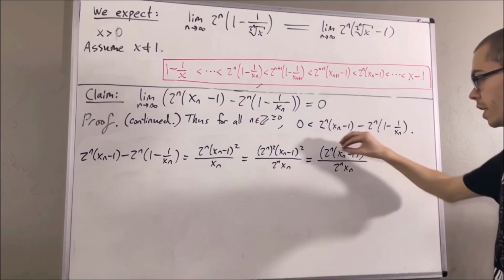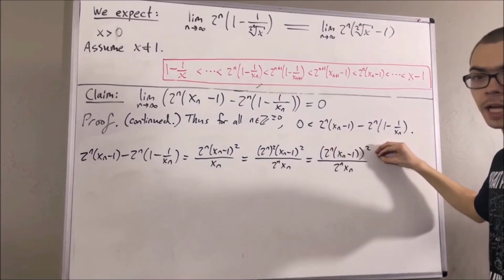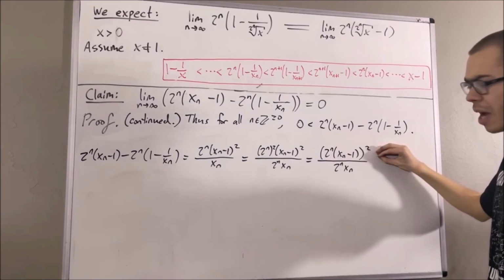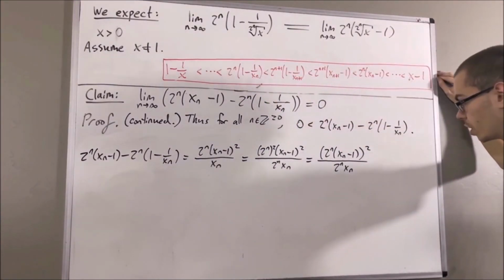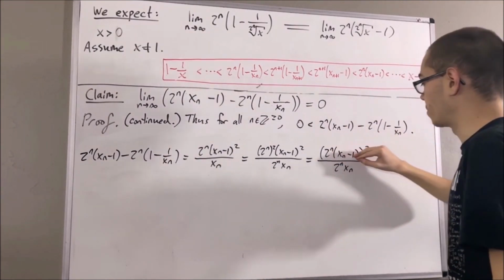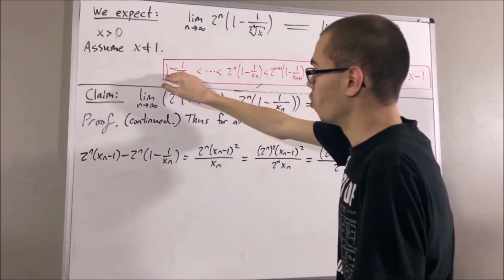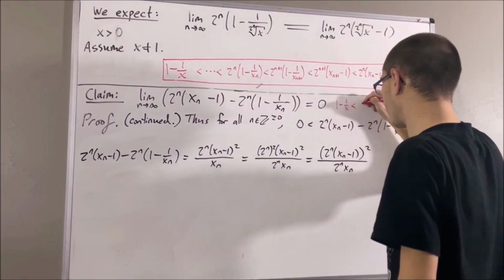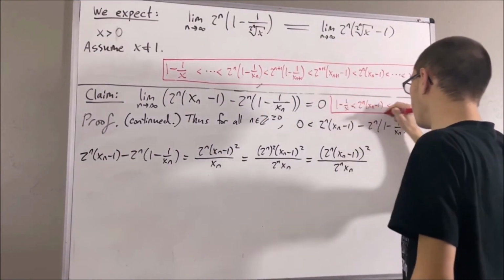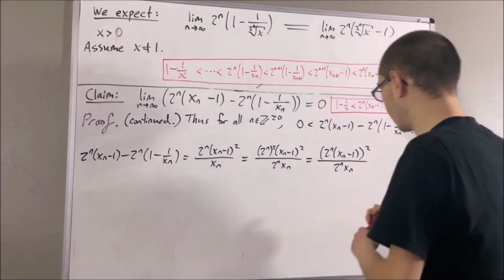And what we're going to do is we're going to get an upper bound for the guy in the numerator. So how can we do that? Well, according to what we've established here, we know that 2 to the n times (x^(1/2^n) minus 1) lies between 1 minus 1 over x and x minus 1. So we know that this inequality is true.